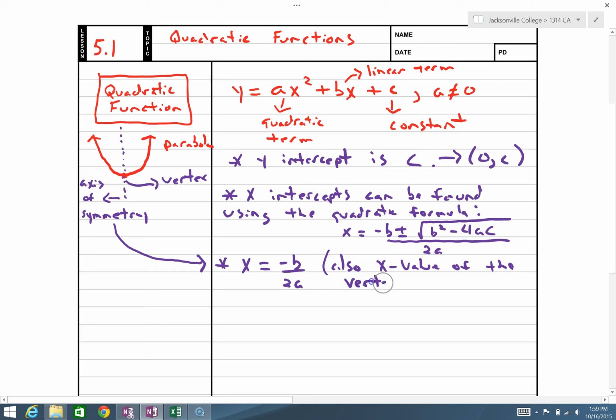And you can see clearly that the axis of symmetry passes through the vertex. The vertex is in the middle of the parabola, and the axis of symmetry passes directly through it. So this line is a vertical line, so it's an x equals equation, but this value will also be the x value of that point.